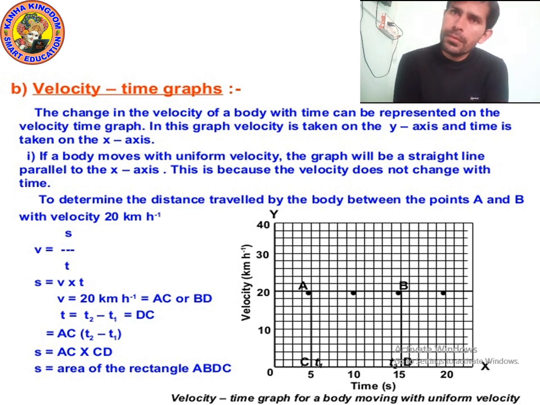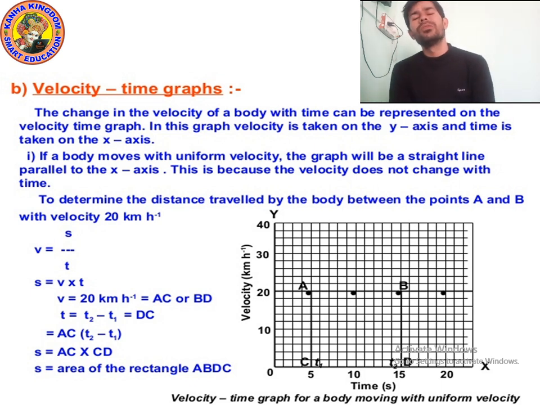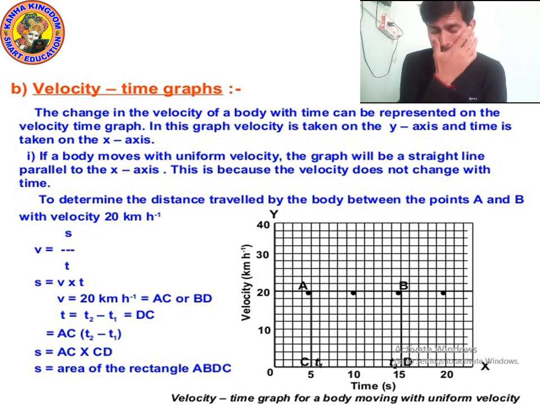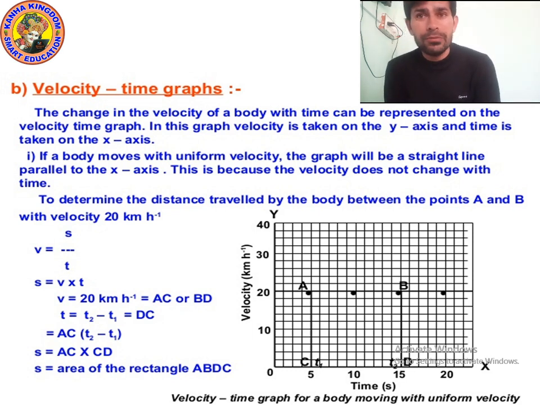So as you can see, the A point and B point, if we cross a line, they will go straight. So we can say that for uniform velocity, if the speed is not changing, then for uniform motion the graph will be a straight line graph. Thus we get ABCD, the frame for the time frame.